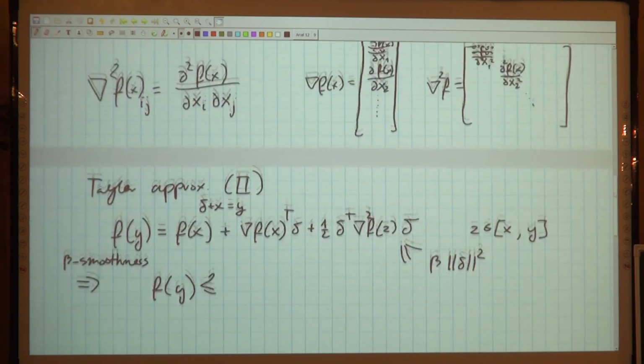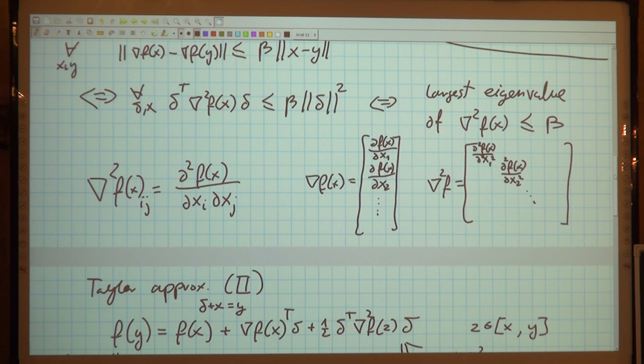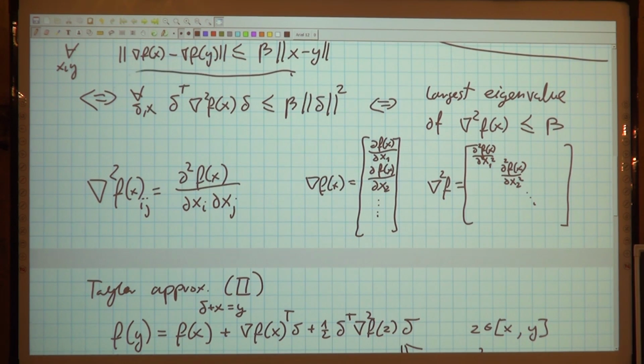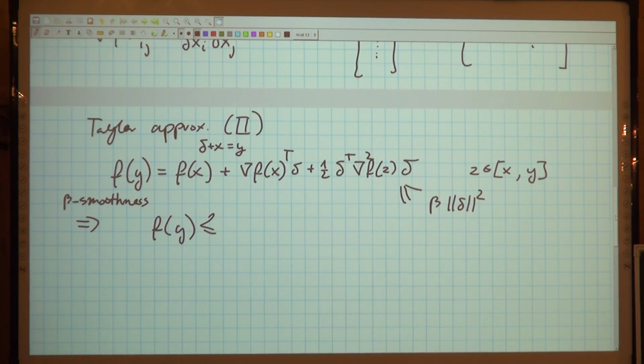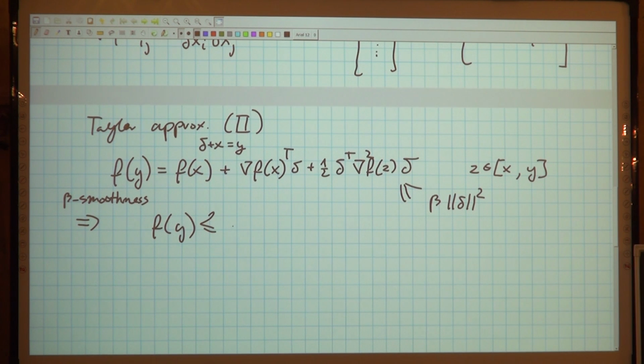Recall, that was one way to see what beta smoothness means. It holds for any point, not only for x. So I can change it like that, and I always can upper bound the function at y by f(x) plus the gradient of f(x) times delta plus 1/2 beta times delta squared.